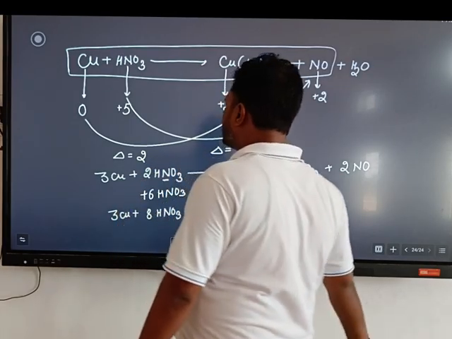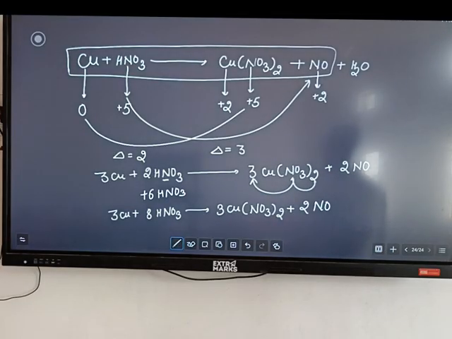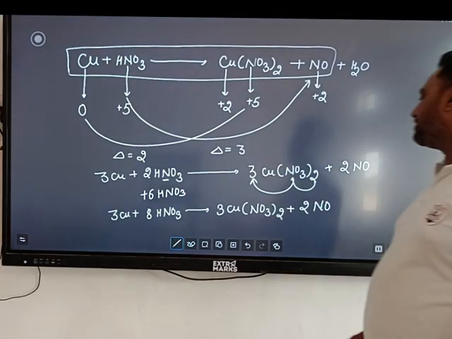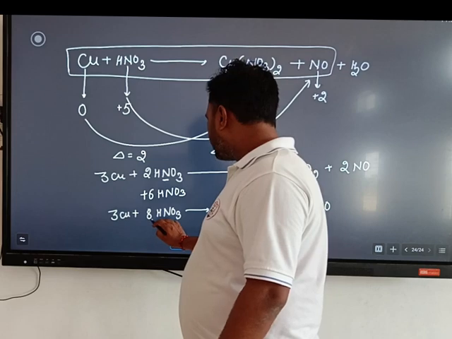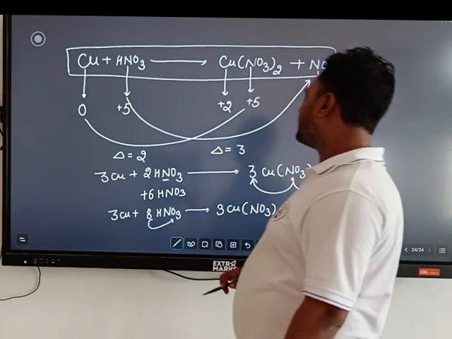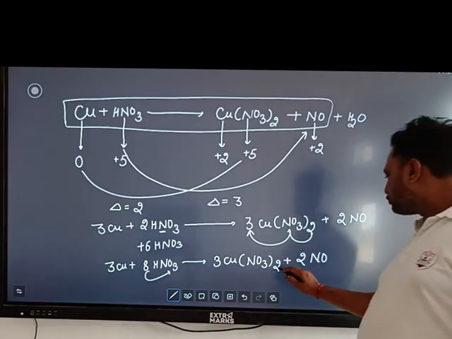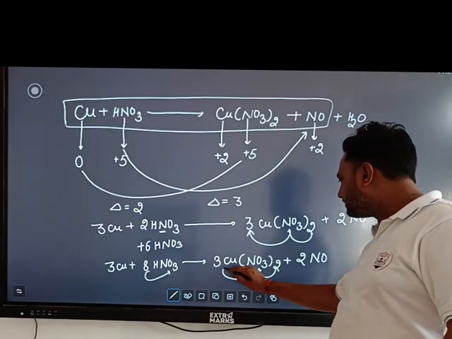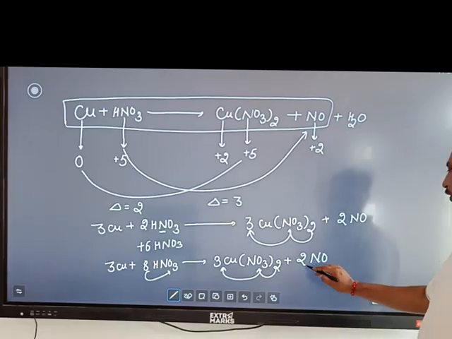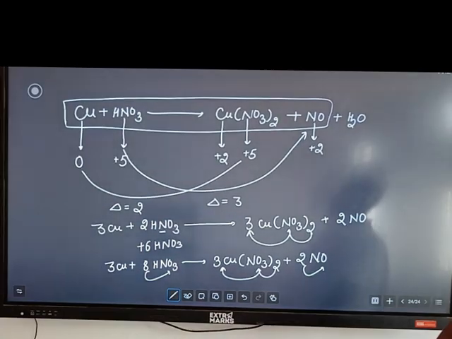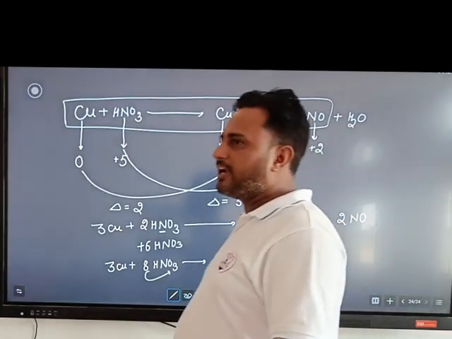So after the balancing of nitrogen, now we are going to balance the total number of oxygen. On the reactant side, the total number of oxygen is 8 times 3, that is 24. Now we are going to calculate in the product also. So it is 3 times 2 is 6, and 3 times 2 is 6 plus 2, that is 20. So the product side has 20 oxygen atoms, the reactant side has 24.